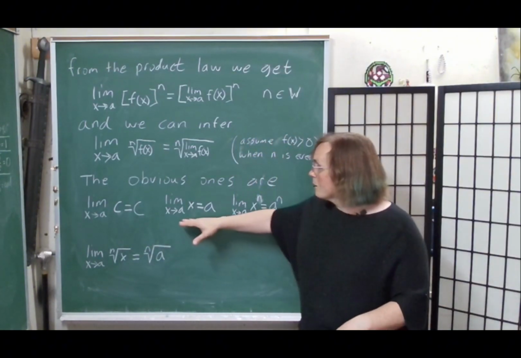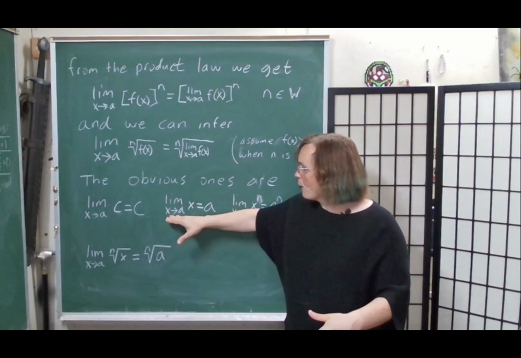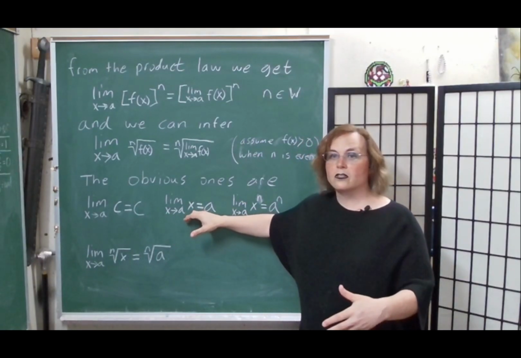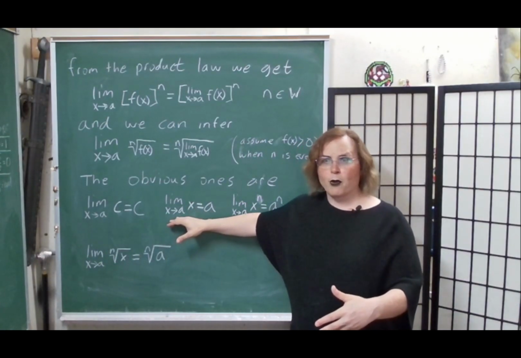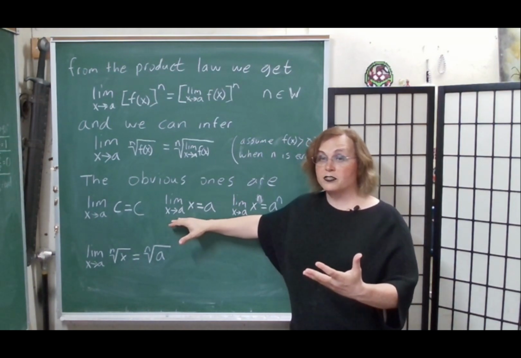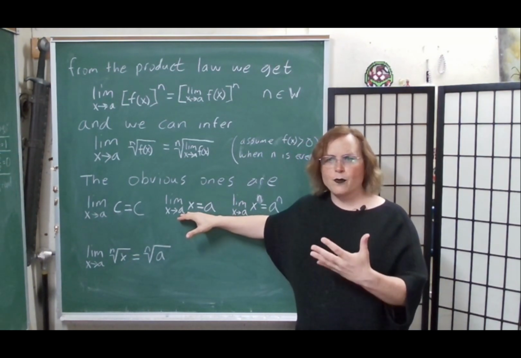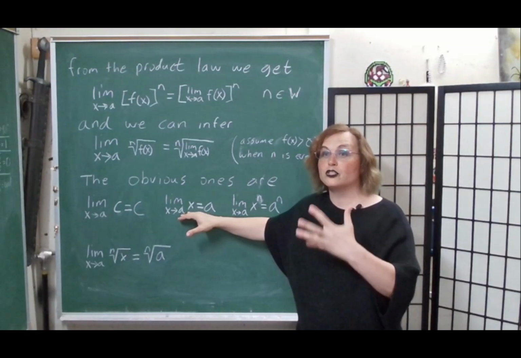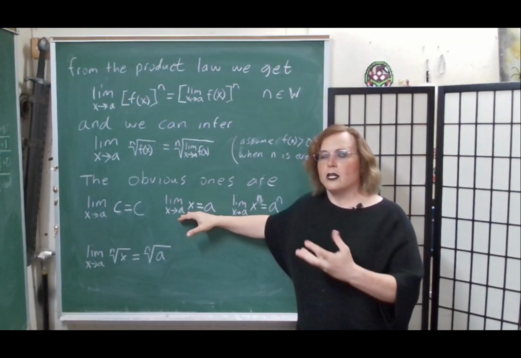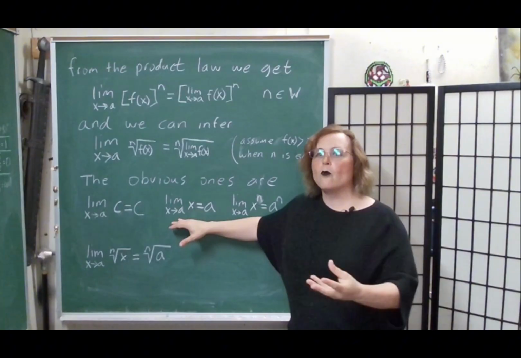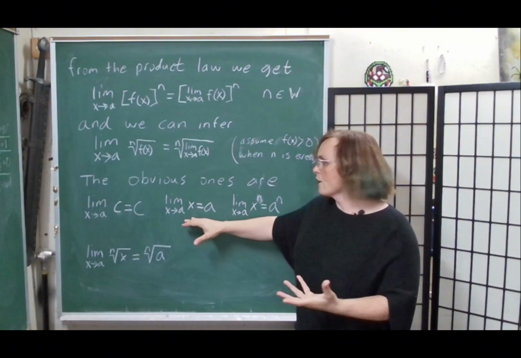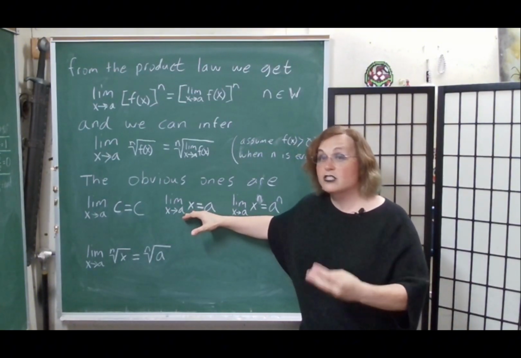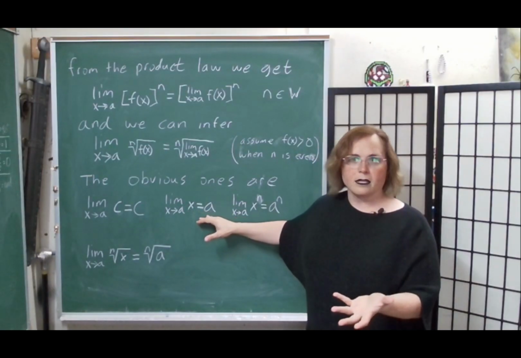Okay? And then similarly here, we're taking the limit as x approaches a of x. So that means as x approaches a and gets infinitely close to a, the value of the thing we're taking the limit of will approach a value. Oh wait, but x is constantly approaching a, so therefore the value that the thing we're taking the limit of is constantly approaching a.